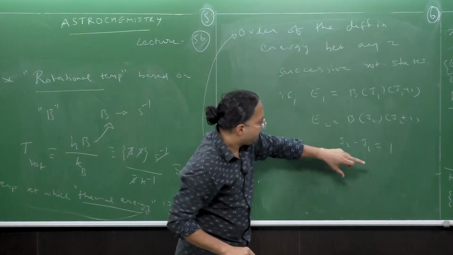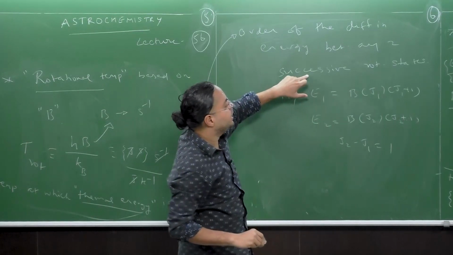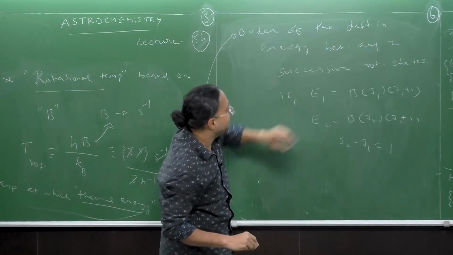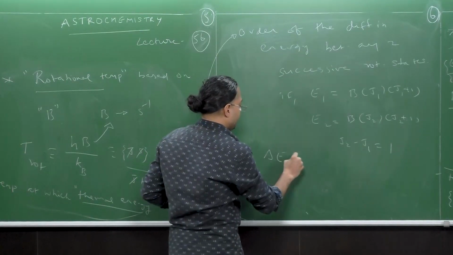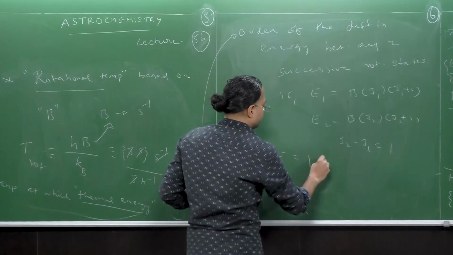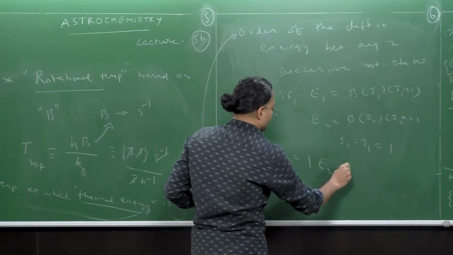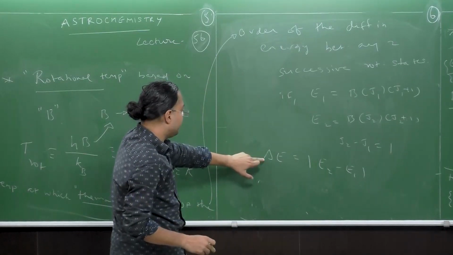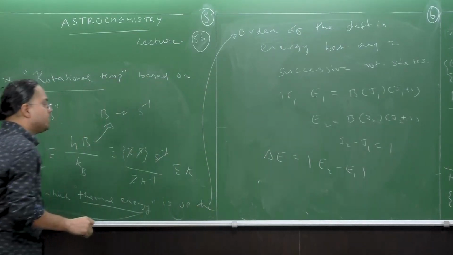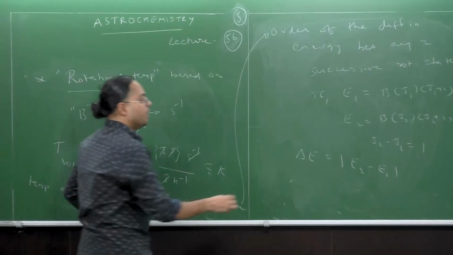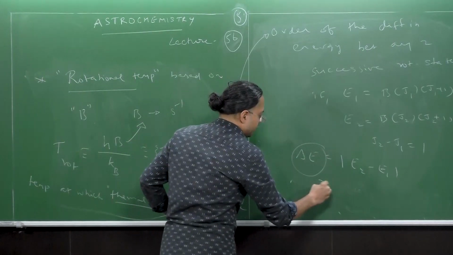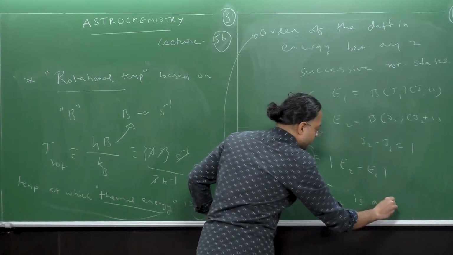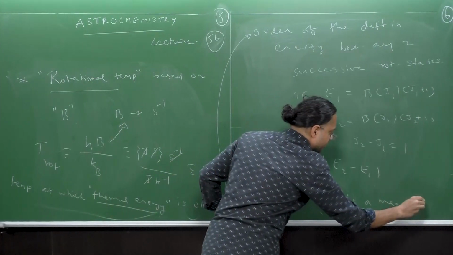In other words, I'm talking about any two successive rotational energy states. This delta E is given by modulus of E2 minus E1 or E1 minus E2. I don't care, for our purpose. Now this delta E, the rotational temperature is a measure of this gap here. T rotation is a measure of this.